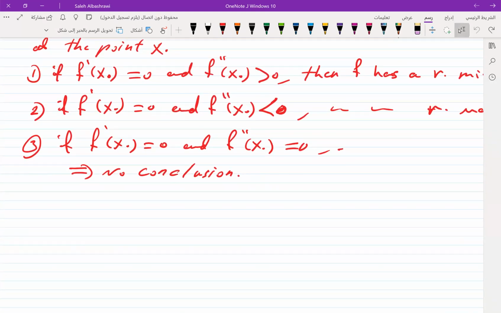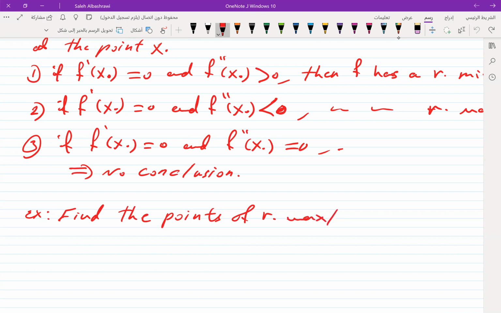Now to apply this test, let's take one example or two. Find the points of relative maximum or minimum, if any.